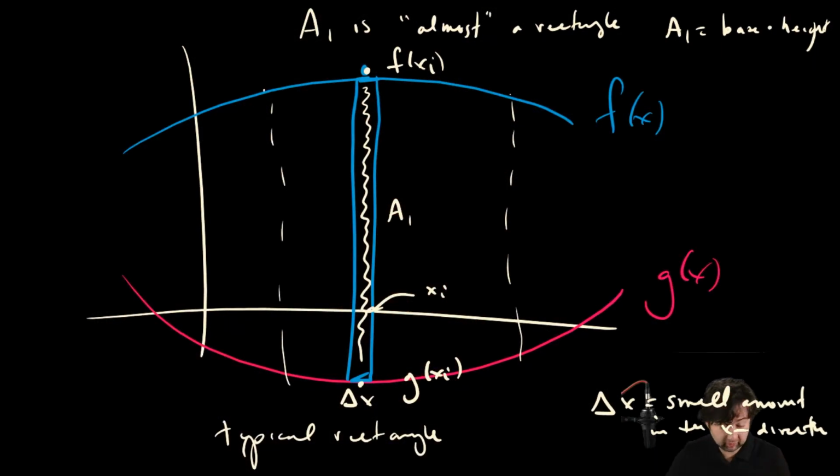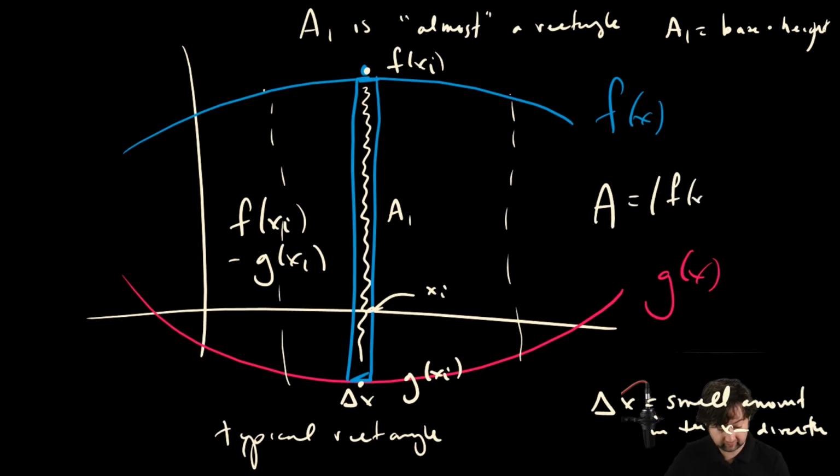So if I want to write down an expression for that, I could write down f of xi minus g of xi. So the height of the rectangle is given by the difference between the top and the bottom, and that means that the area of this little skinny rectangle should be equal to f of xi minus g of xi, because that's the height, times delta x, because that's the width.